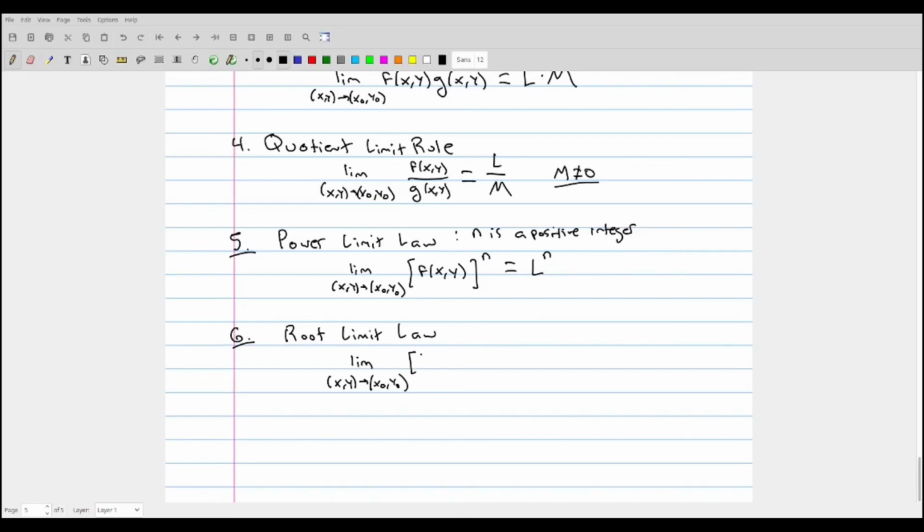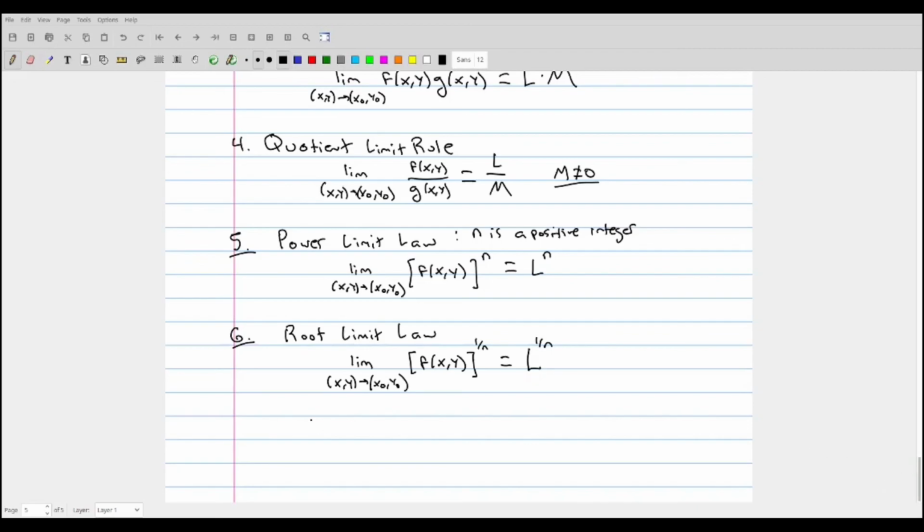The limit as (x,y) goes to the point (x0, y0) of f(x,y) to the power 1 over n is equal to L to the 1 over n.